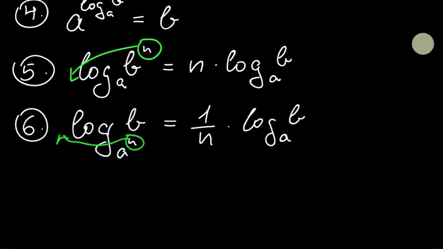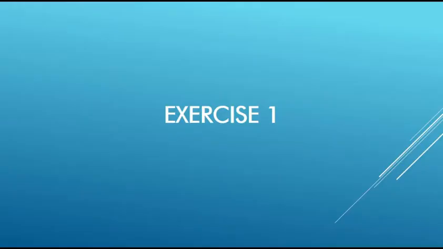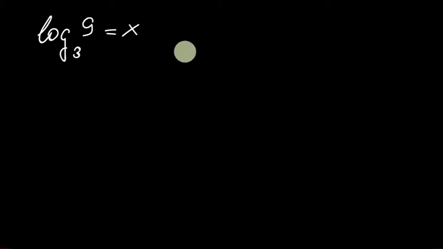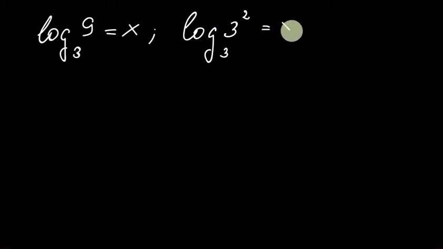Okay, now let's move to our first example. Let's say we have log base 3 of 9, and that is equal to x. Now, let's rewrite this as log base 3 of 3 to the power of 2 is equal to x.